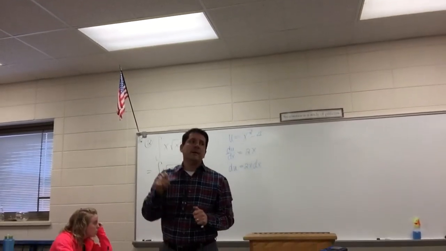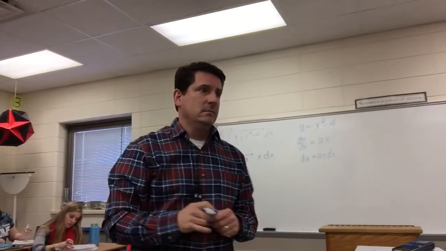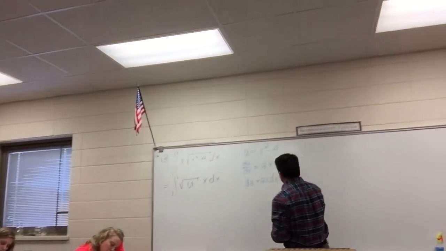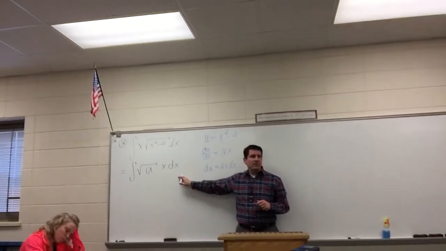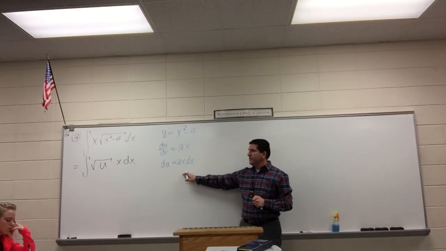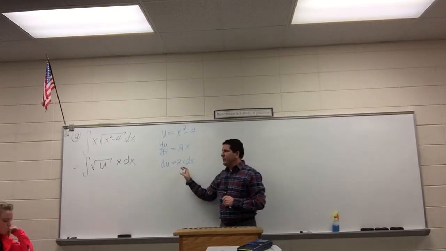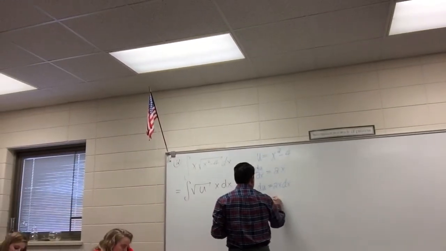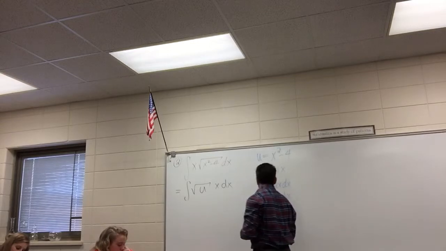That just means 2 times x times dx. Do we have anything here that could match this? Yeah, x dx, so I just have to get rid of the 2. I'll divide both sides by 2, and I get 1/2 du is equal to x dx.